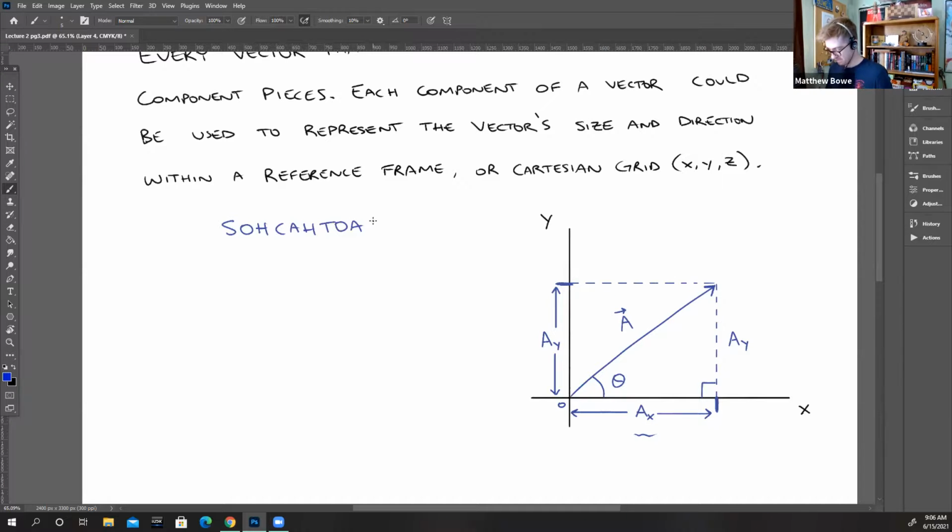Now, if you weren't taught this in geometry or trigonometry, what this is, for a triangle, we can look at the angle of the triangle that we're solving for. We say that sine of the angle is the opposite length over the hypotenuse length. I'll just write it real quick. Sine of the angle is opposite over hypotenuse.